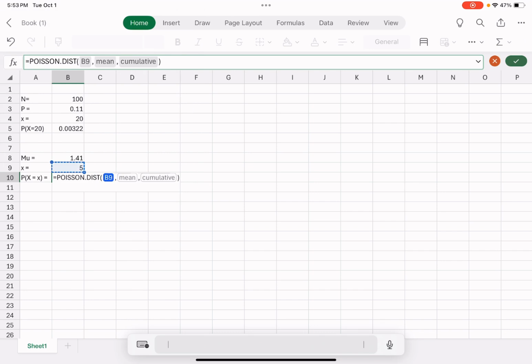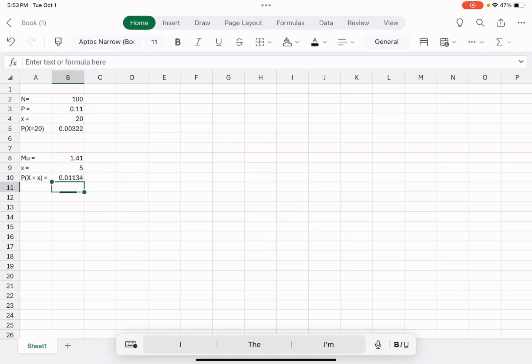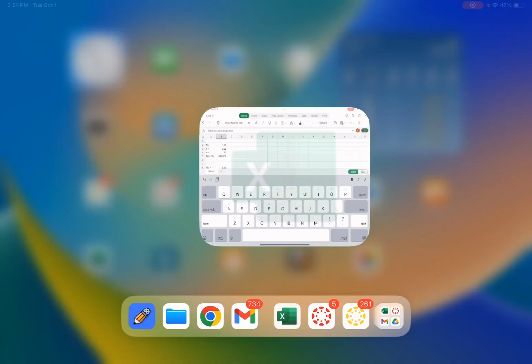X is going to be 5. Mean is 1.41. Cumulative is 0. I just want the probability of exactly 5, so do not accumulate them. Keep it at 5. Enter. 0.01134. Okay, back to Notability.